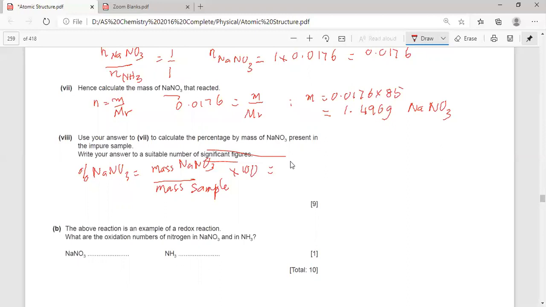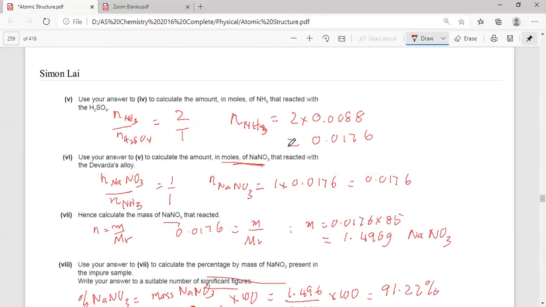What is the mass of the sodium nitrate used? 1.496 over 1.64 times 100. So what's the purity? You can see it is 91.22%.